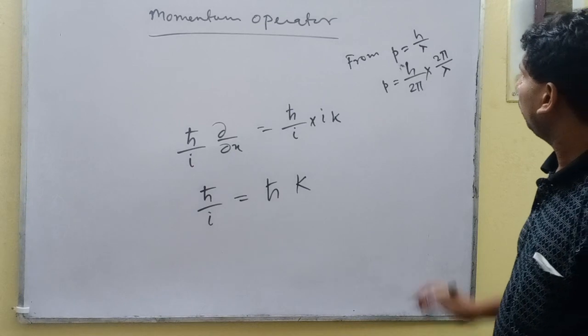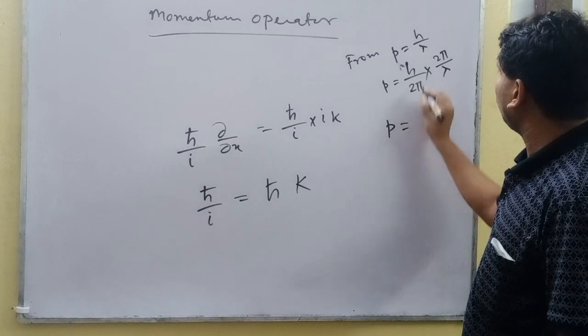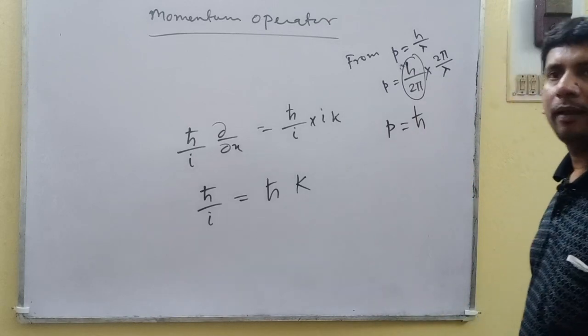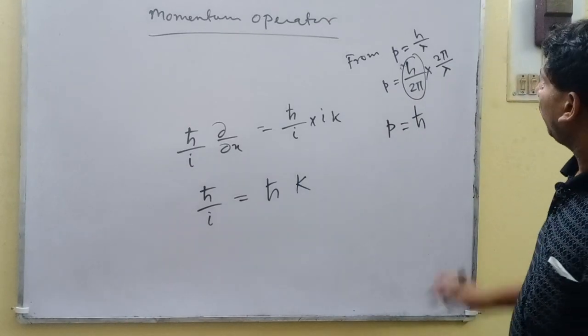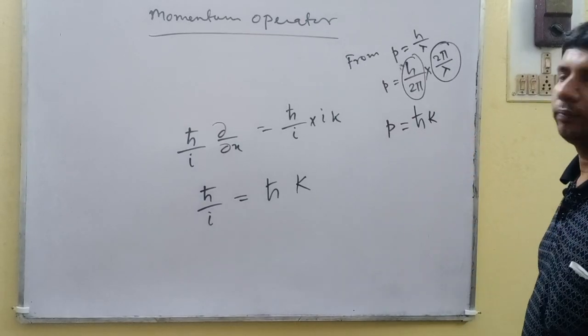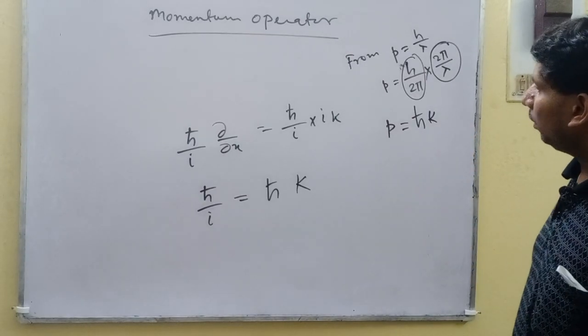Now p equals, what is this? This is actually h cut, and this is the k. Clear?